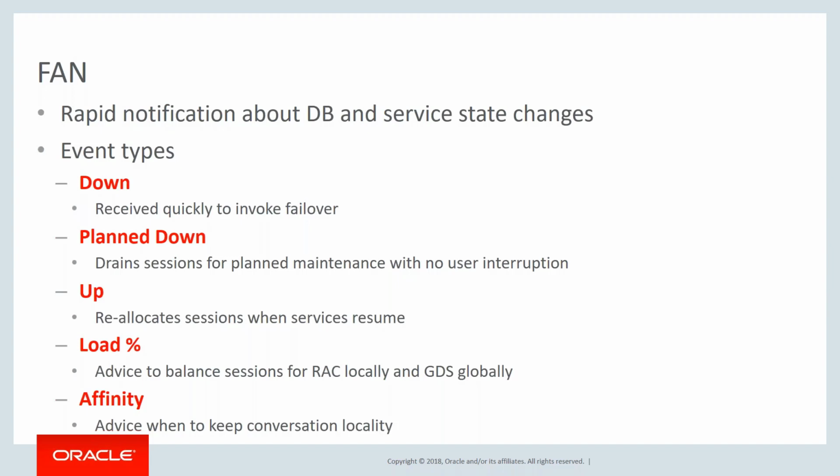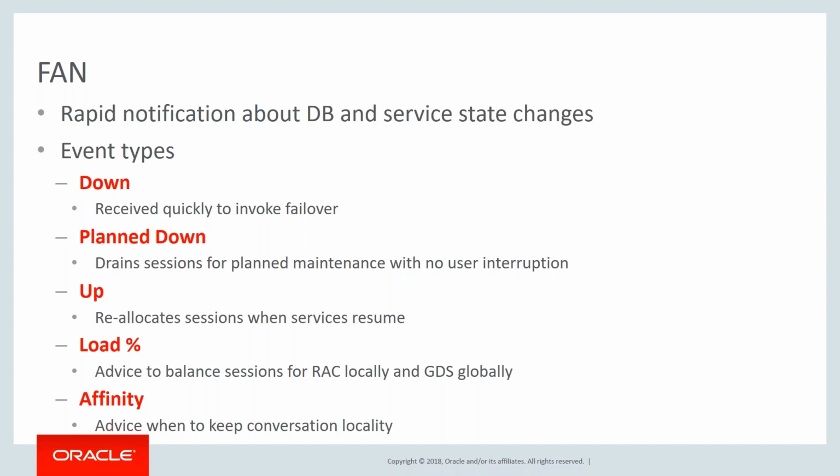So what are the event types? We've got the down event, which should be obvious. It's when you get a failure of one of these service members, database, etc. So that's something that ODP.NET can react to. We also have a planned down event, and a planned down event is different from a down event, which is unexpected.